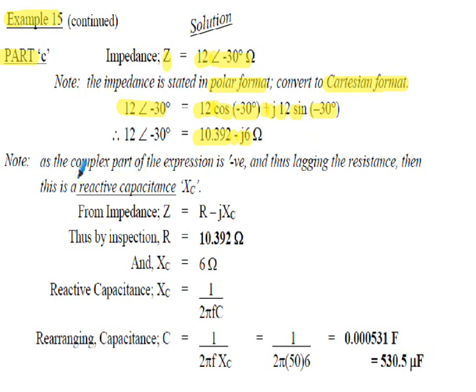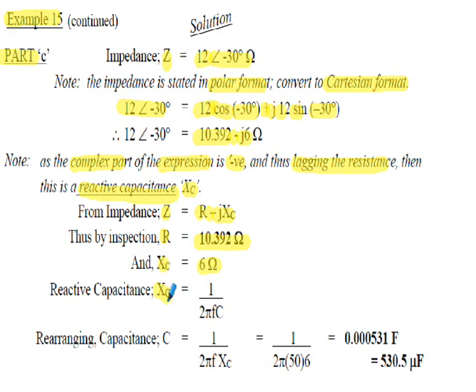We can see here that the complex part of the expression is negative, so it's lagging the resistance in this case, so we've got a reactive capacitance again, XC. So from the impedance Z equal to R minus JXC, we can read directly that R is 10.392 ohms and XC is 6 ohms.